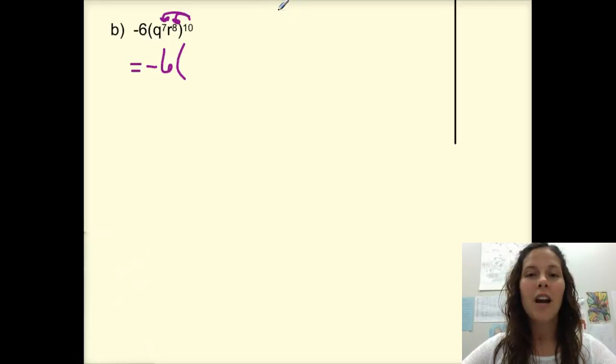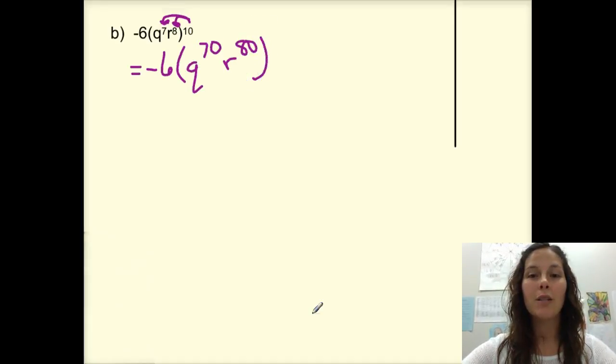Again, as a reminder, our power of a power rule, we multiply the exponents. So 7 times 10 gives us 70, and 8 times 10 gives us 80. Then we can go ahead and multiply by that coefficient. Essentially, we're just dropping the parentheses. So we get -6 q to the 70th, r to the 80th.